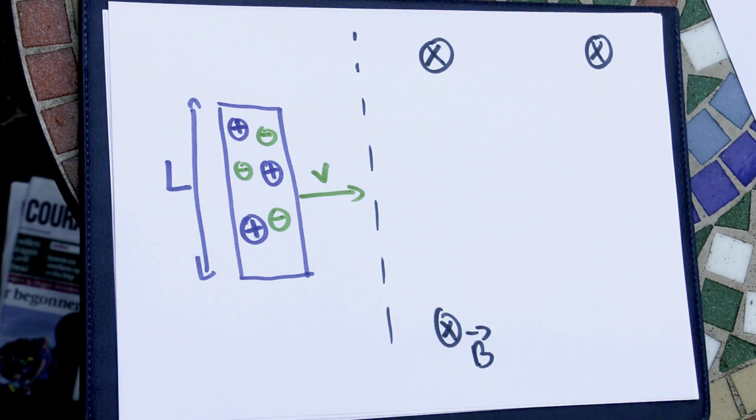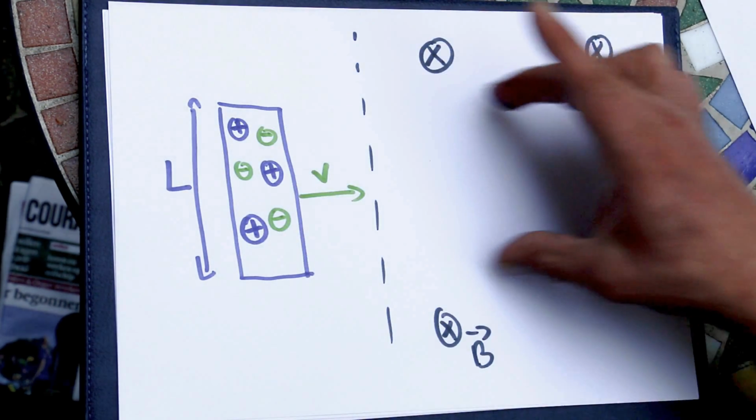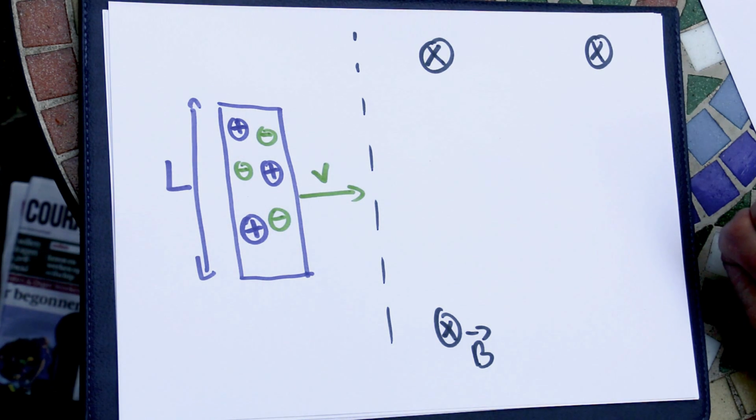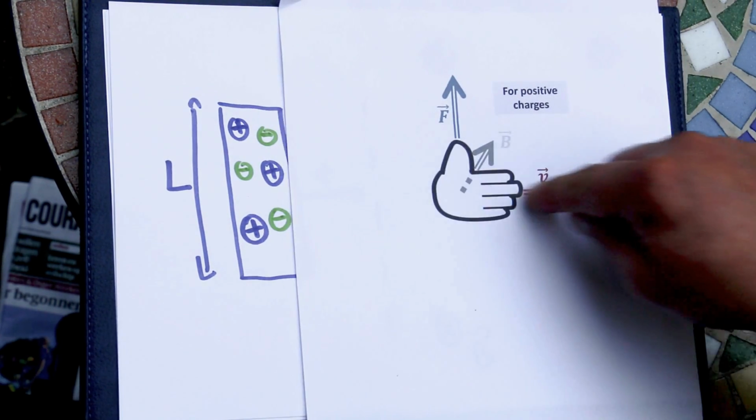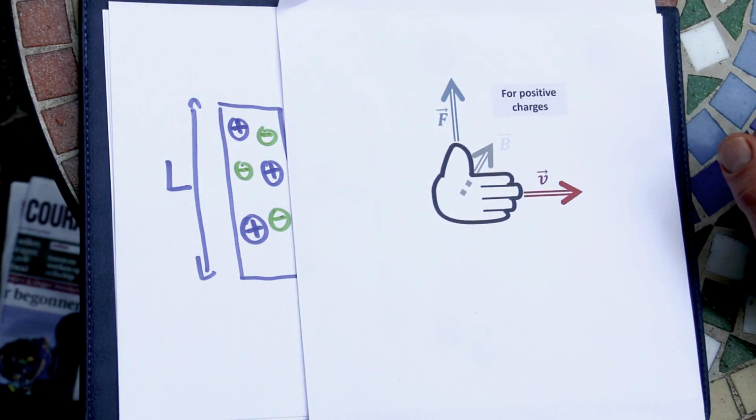So what happens when I move the bar towards a magnetic field? Well, I'm moving a bunch of charges toward the magnetic field. So shouldn't these charges feel a force? Yes, they do. The bar is going that way, so the charges are going that way.